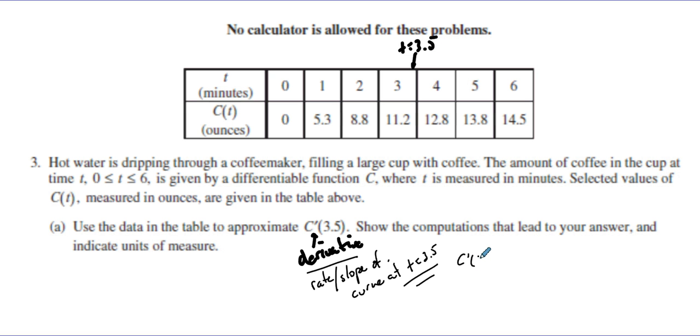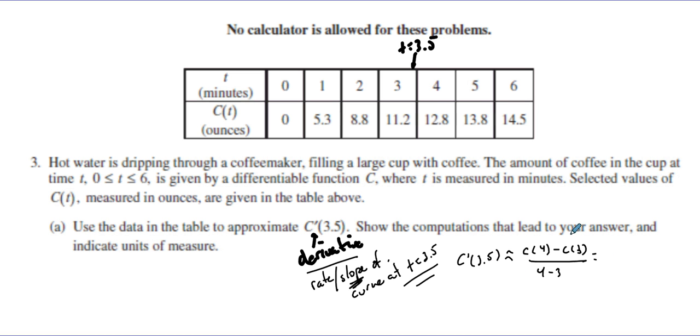We're going to write that 3.5 is approximated by c of 4 minus c of 3, all over 4 minus 3, because we're asked to find the slope of the curve. That gives us a good approximation, because 3.5 is right in the middle of 3 and 4.